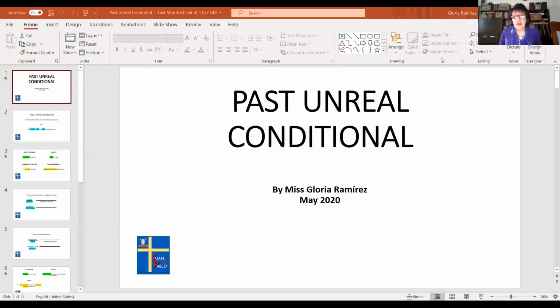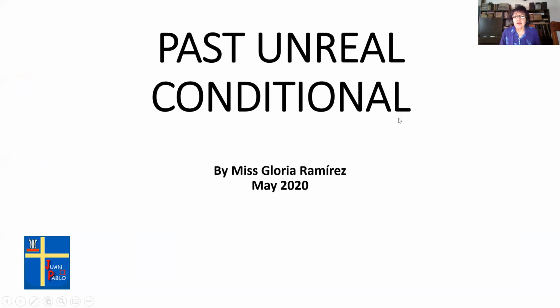Well, today I'm going to share this PowerPoint presentation to explain the past unreal conditional. We already did some exercises in the classroom, but I want to make it really clear.